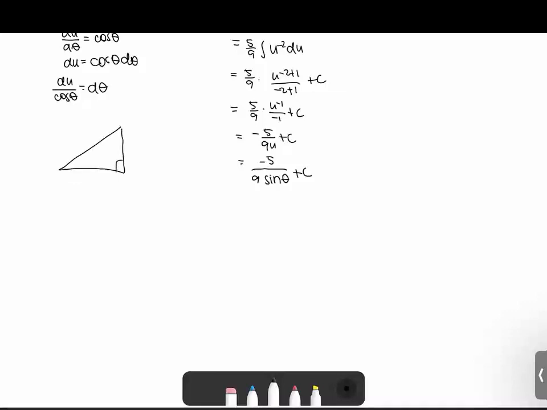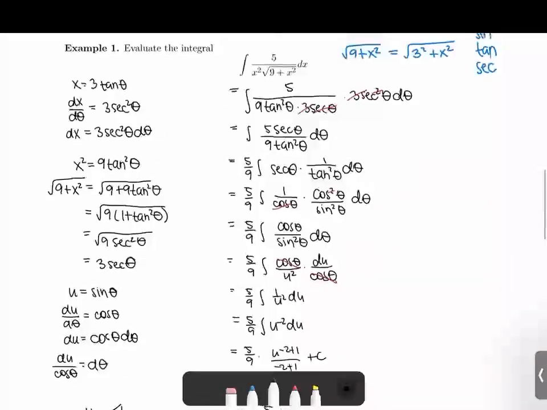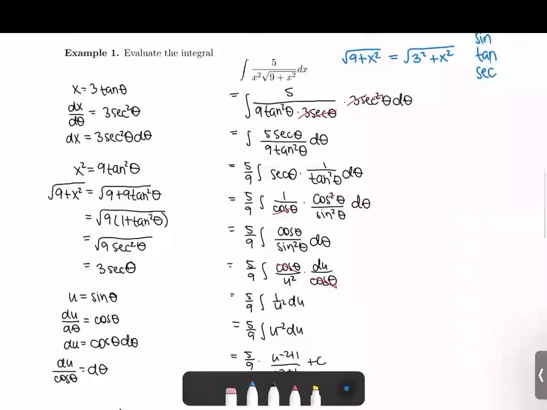So we have a right triangle. We have a theta here. I'm going to label, this is my side opposite theta, my hypotenuse, and my side adjacent to theta. And so I know, based on my original first thing I wrote down for this question, the substitution x equals 3 tangent of theta.